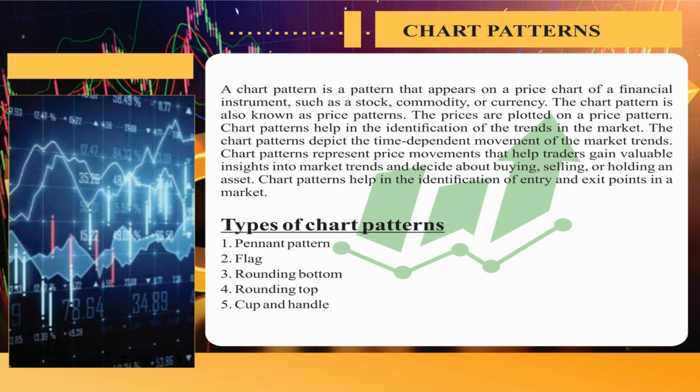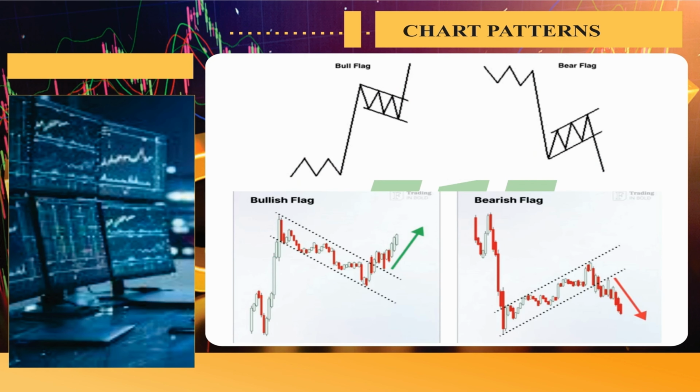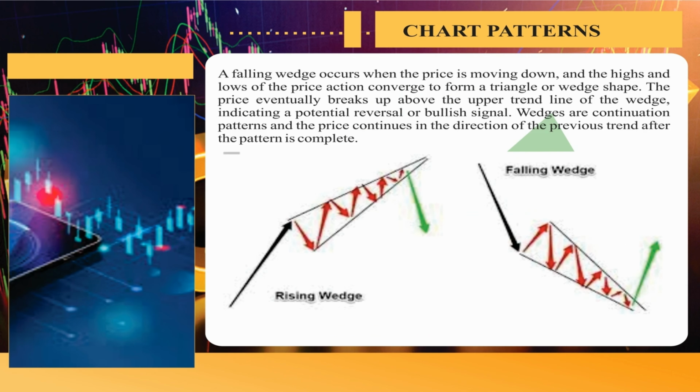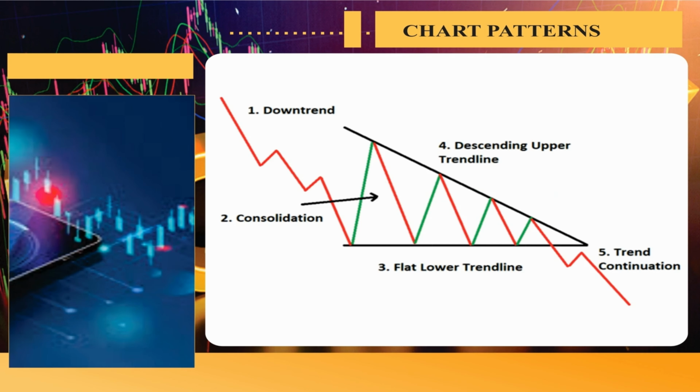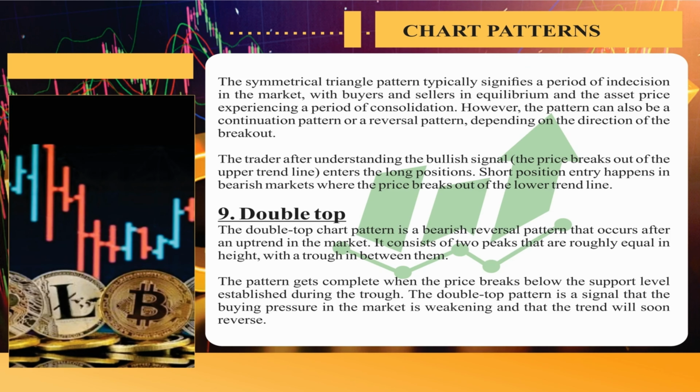The chart patterns. We have so many types of chart patterns, but we're covering only four, which are the double top, double bottom, head and shoulder, and inverted head and shoulder. Double top shows that the market is reversing.